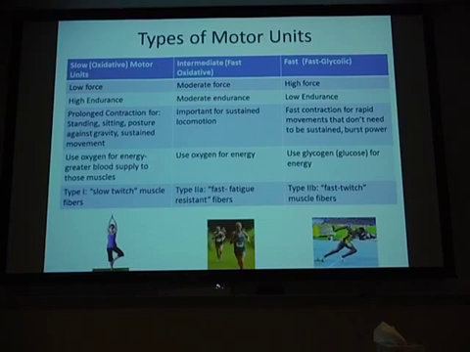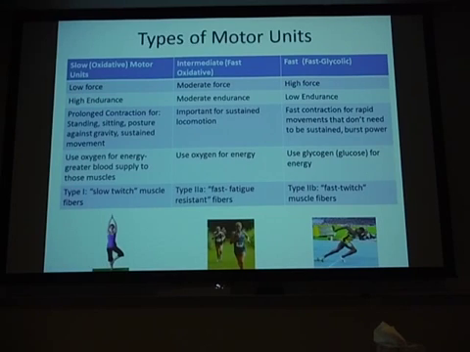Okay? On the flip side of slow motor units are our fast motor units. And I'm going to skip over intermediate for a minute. But fast motor units are associated with our fast twitch or type 2B muscle fibers. And these use glycogen, or a process associated with glycolytic metabolism, for energy.